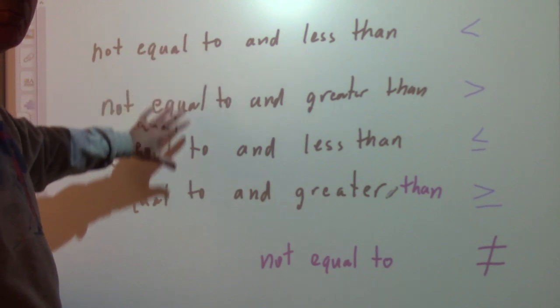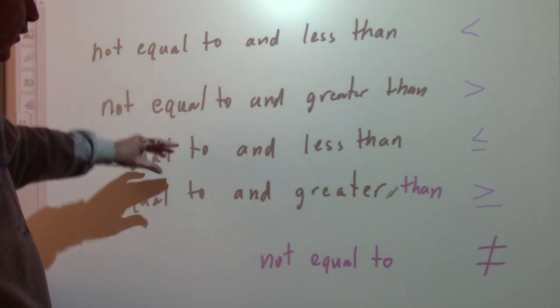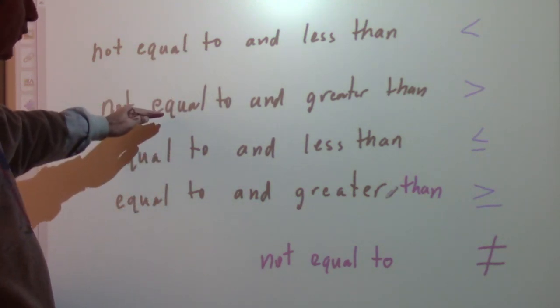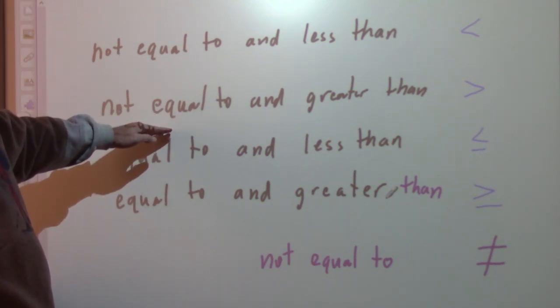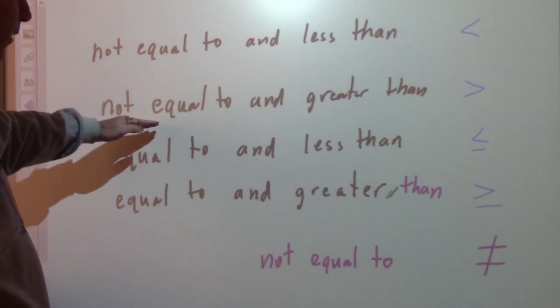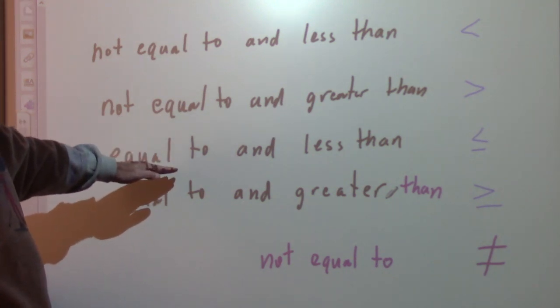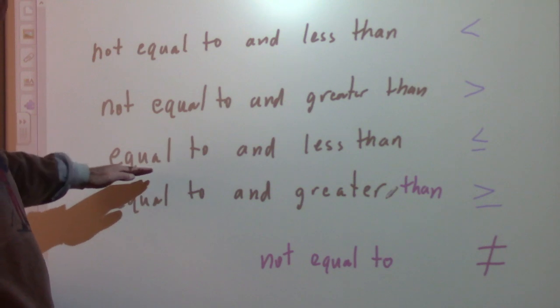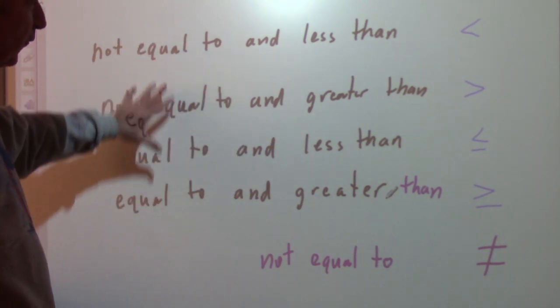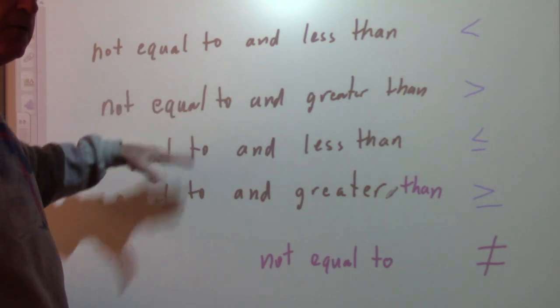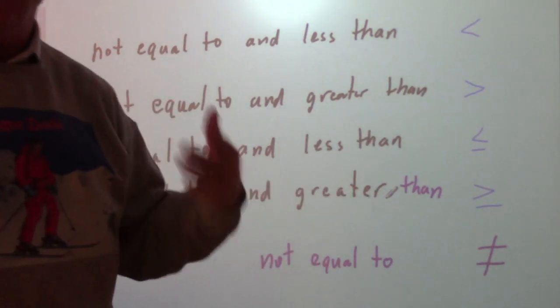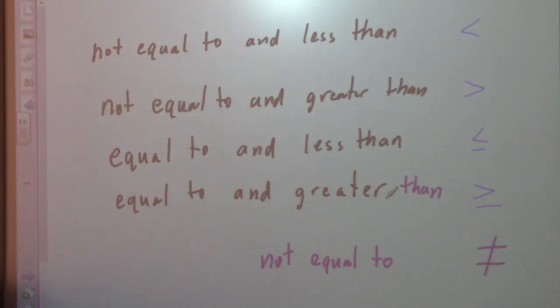So when you change the order, not equal to tells you what kind of line? Dashed or dotted line, right? Equal to tells you solid line, right? So when you consider it verbally this way, it really fits the order of what you need to do. So that's why I did that. I just want you to consider that, and you have questions on that as we go forward. Okay?